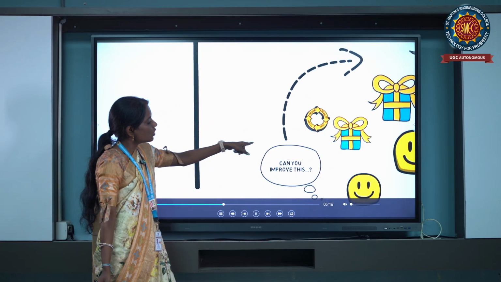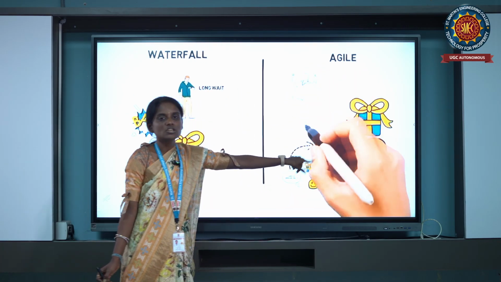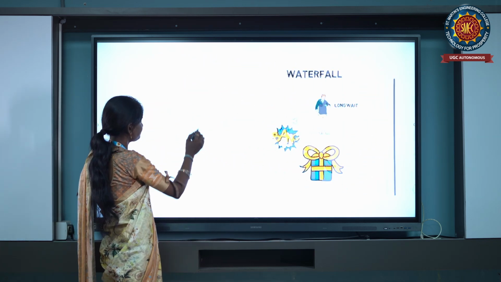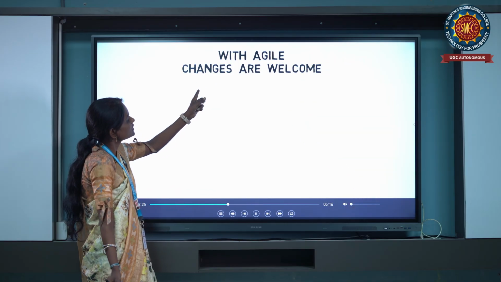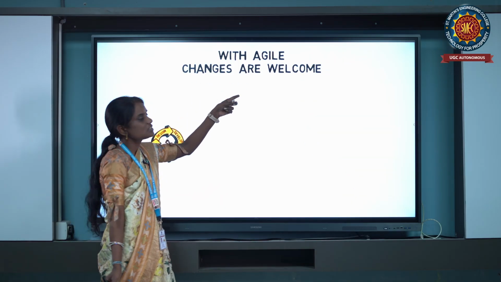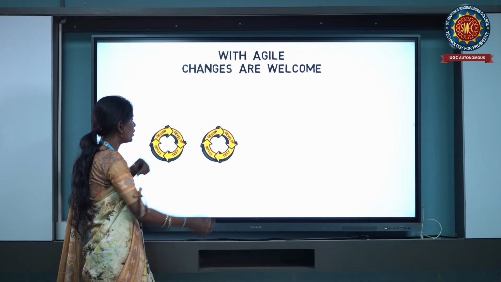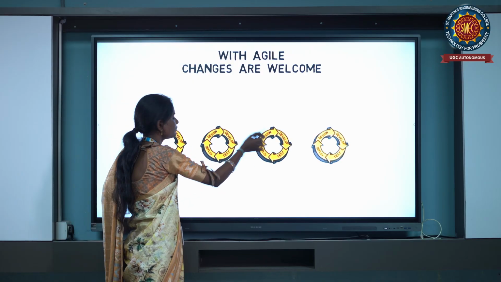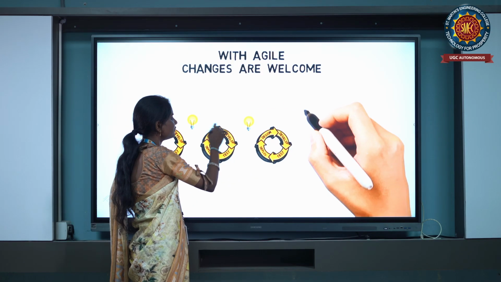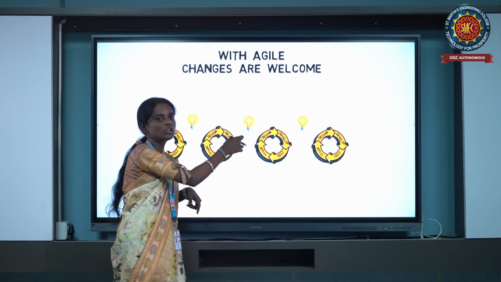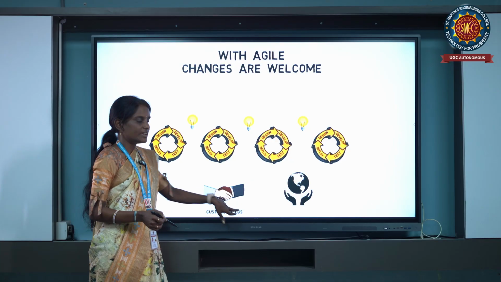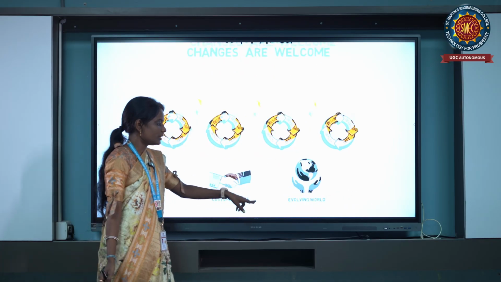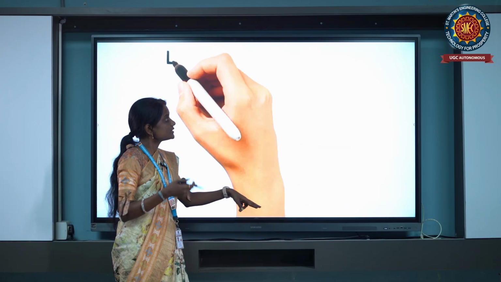We can also improve at every stage of developing the product. With the agile model, changes are always welcome. These are the different bits where they develop the product at different stages, and there will be improvement of the product at the different stages. The customer will be satisfied by seeing the product, as they give new changes every time.